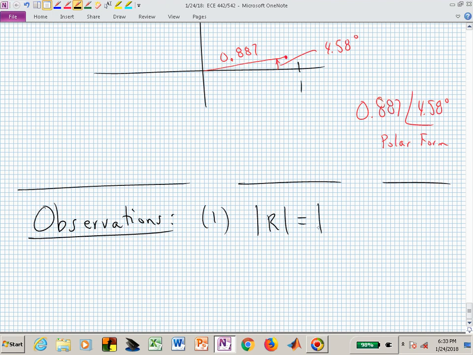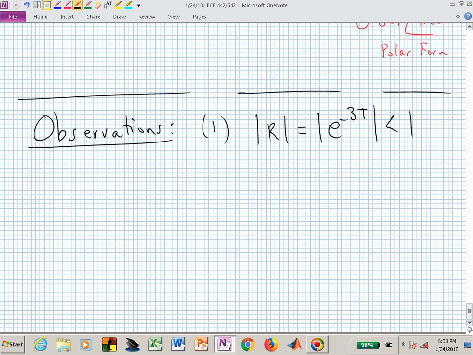R, in our case, was e to the minus 3t. We had a negative exponential, and that means that it's going to be less than 1. The fact that we had a negative exponent for our radial distance put us inside the unit circle.